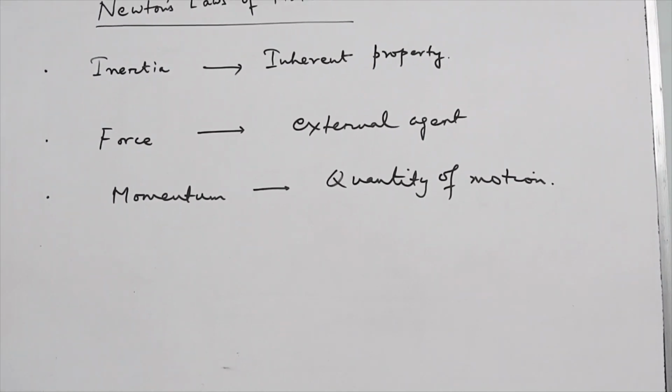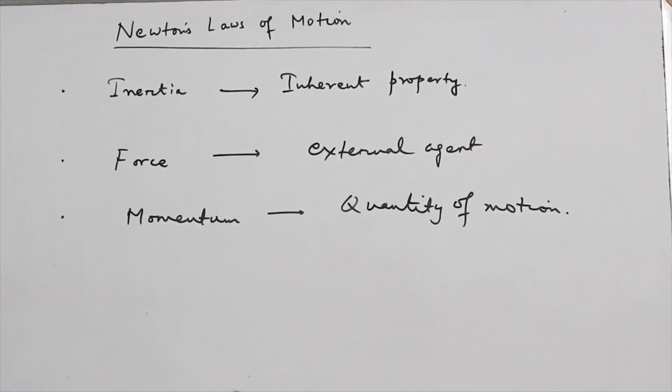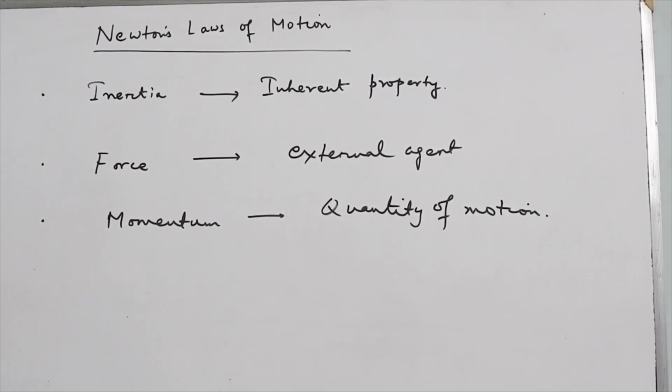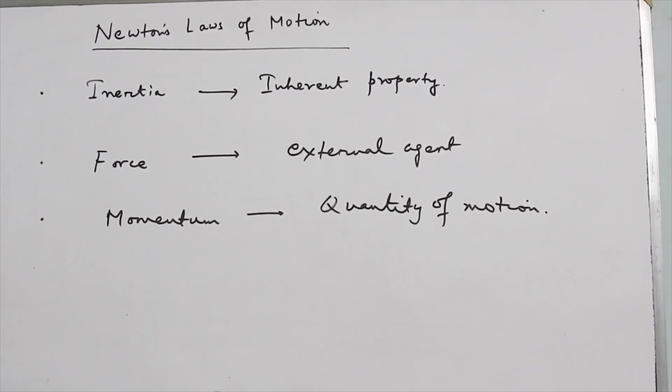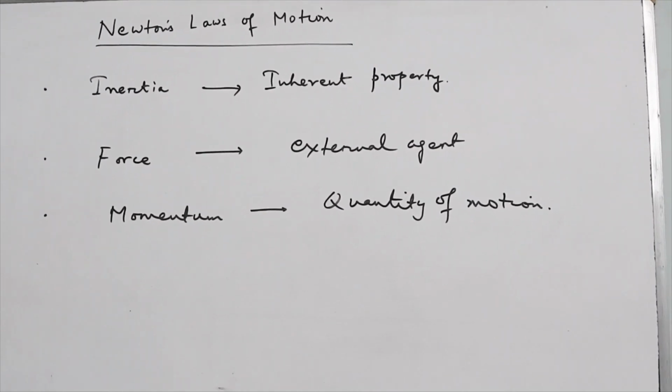Unless and until there is a retarding force, or unless and until there is an obstruction, or unless and until there is an external force that tries to bring the moving body to rest, the body will continue its state of motion.